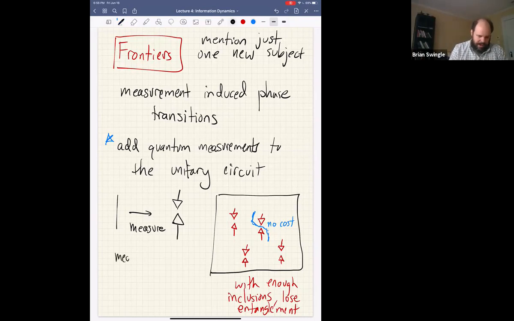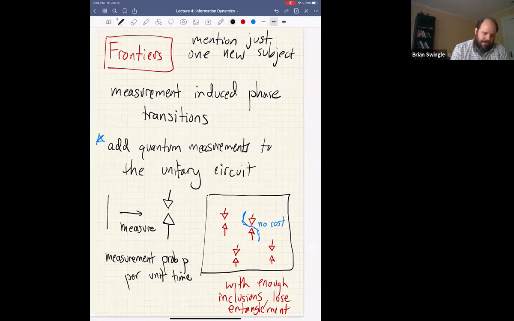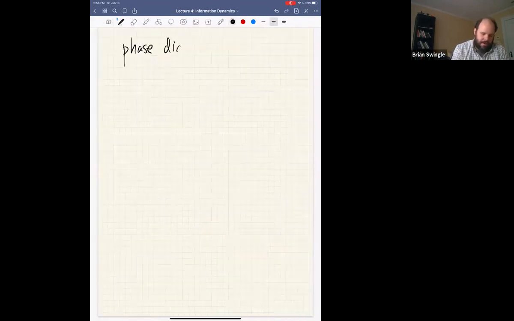So if you have a measurement rate, or a measurement probability per unit time. Suppose at every step of time, you measure each qubit independently with some probability p. Then you get a phase diagram for long times. Not too long, but that's a gloss over that.